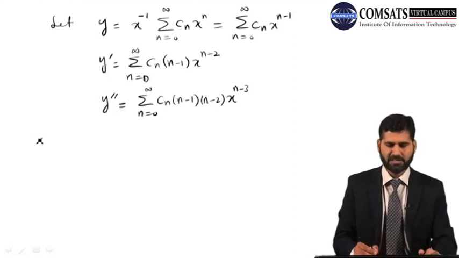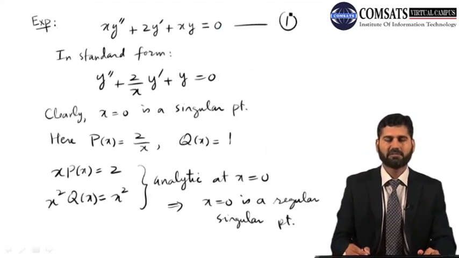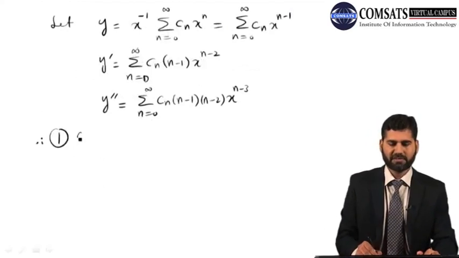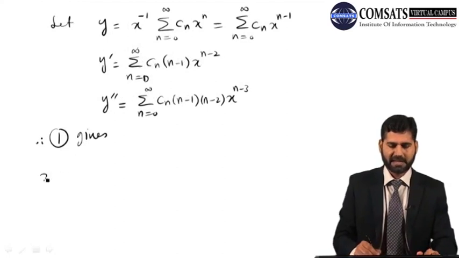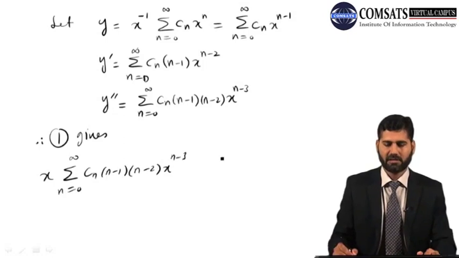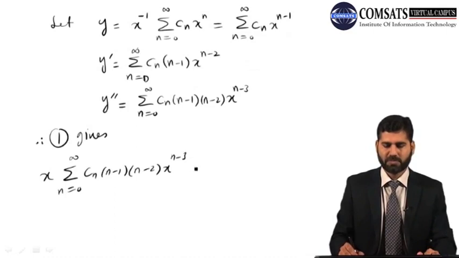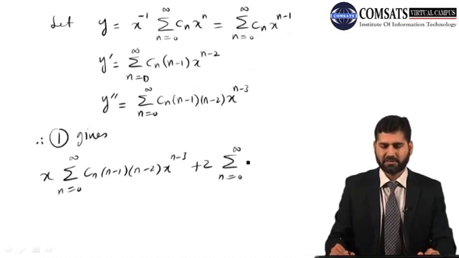So therefore, our original equation, let's call it equation 1, gives x times the second derivative, the sum from 0 to infinity of Cn (n-1)(n-2) x^(n-3), plus 2y prime, the sum from 0 to infinity of Cn (n-1) x^(n-2), and plus xy.